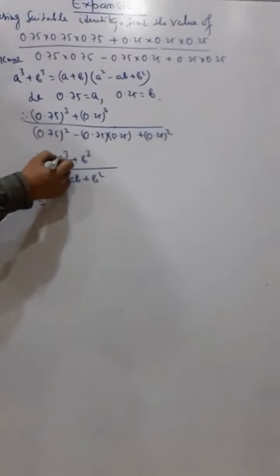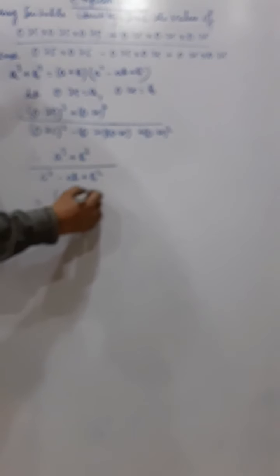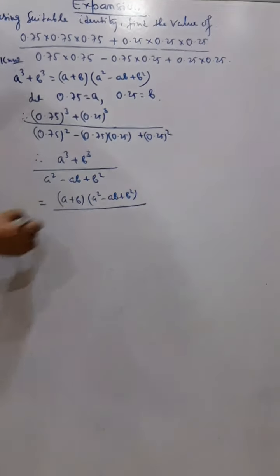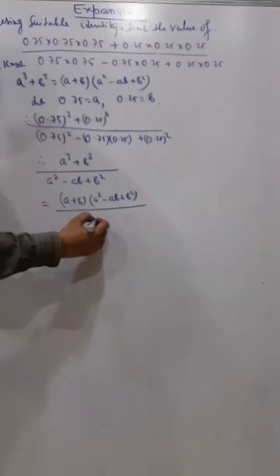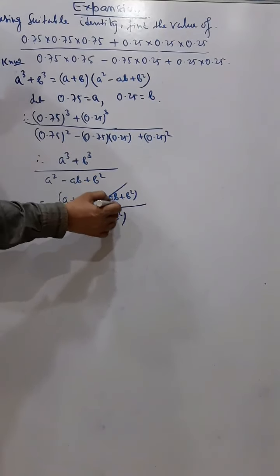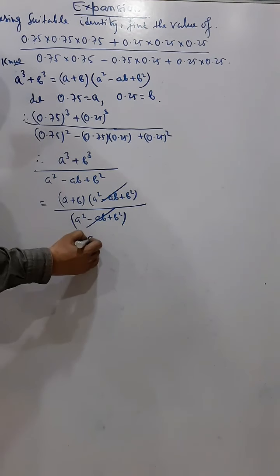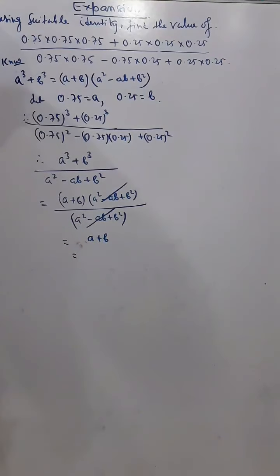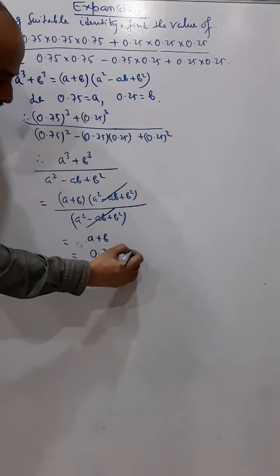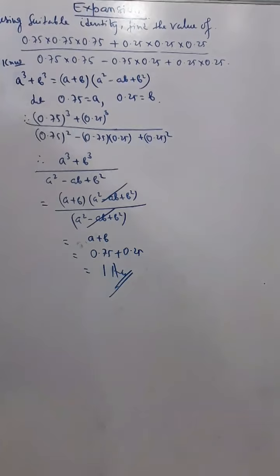Now I'll use the formula: a plus b into a square minus ab plus b square, and then this a square minus ab plus b square, and now this and this get cancelled. So my final answer is a plus b, and we put the value 0.75 plus 0.25. So my final answer will be 1.00, and the answer is 1.